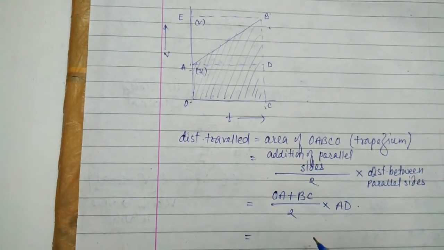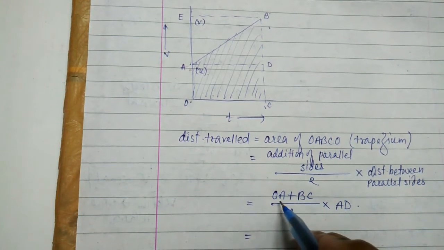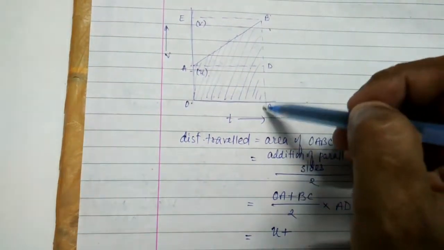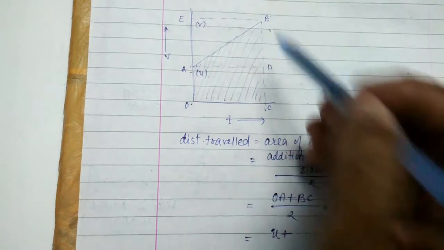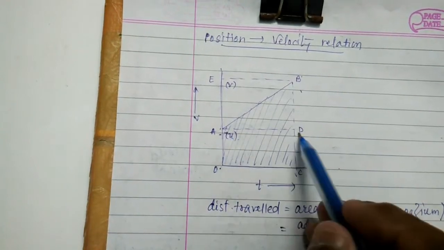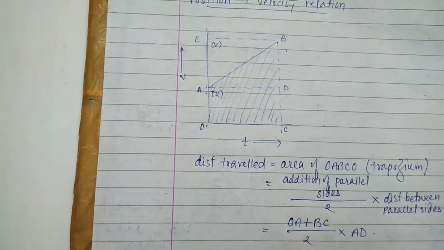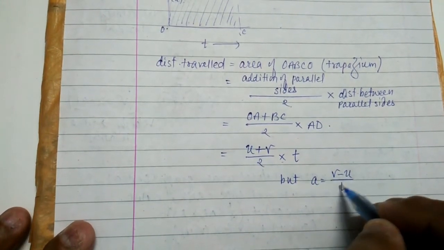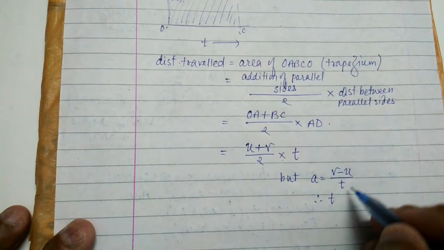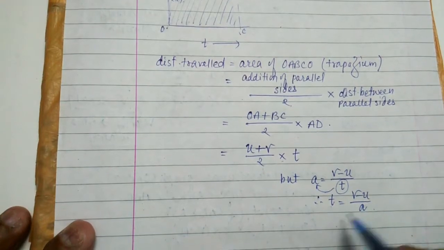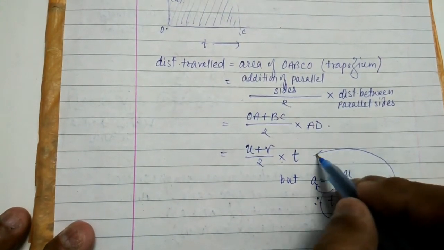Now OA is equal to U. BC means V, V upon 2 into AD. AD is equal to T, but A is equal to V minus U upon T, and therefore T is equal to V minus U upon A. Put this value of T in this equation.